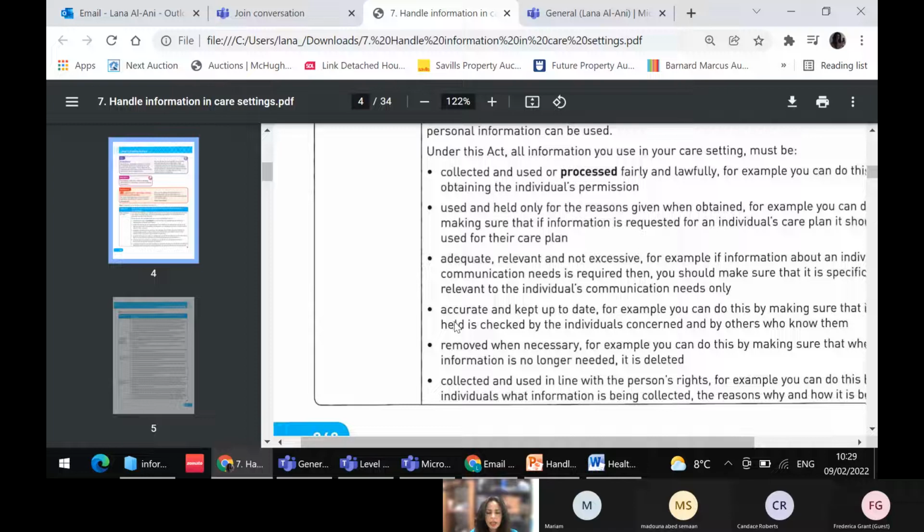And also the information need to be accurate at all times and up to date. We don't keep wrong information about the people, and also we remove them from the system as soon as we don't need them. Let us say this person has moved on and left this care home, so we don't need their information anymore. And also when we collect information, we have the person's consent.